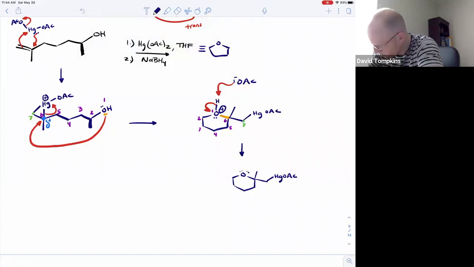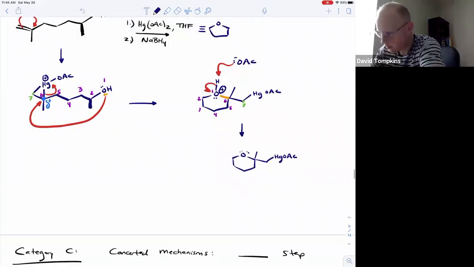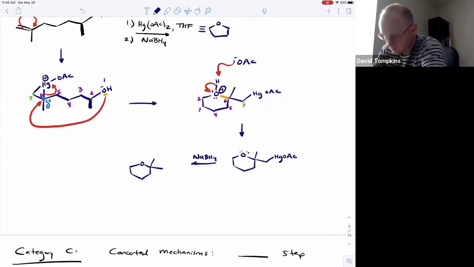So we get this mercurinic ether, which once again, you could leave that product if you just had step 1, but if you have step 2 of sodium borohydride, that will add a hydrogen to the carbon that is bound to mercury. And it's going to give you this product. So this carbon here had 2 hydrogens, and now it has 3, or now it's a methyl group.